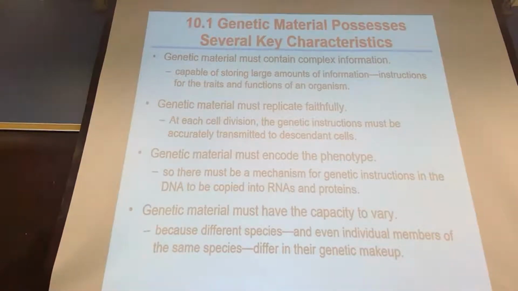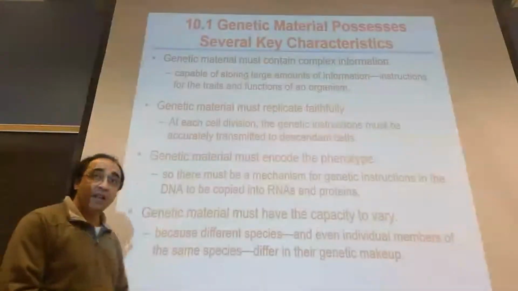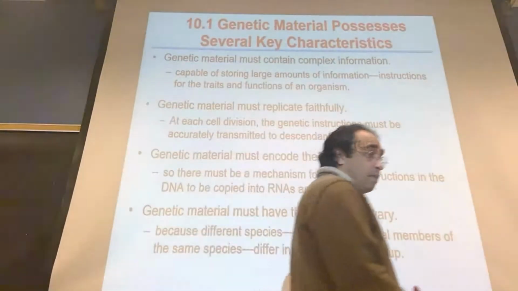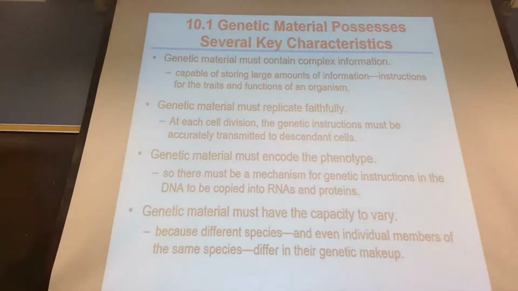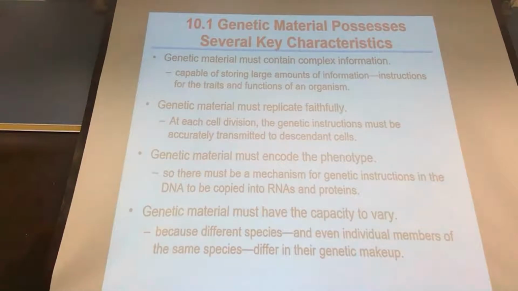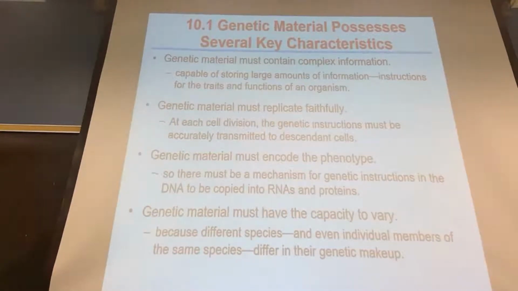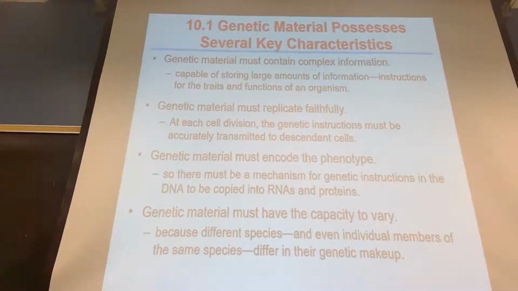And genetic material must have the capacity to vary. Capacity to vary means we are from our parents, our father and mother. So we must have a combination of those two characters, right? But we are not. We have some kind of similarity with our dads, with our moms, but we are not identical to them or in the middle of them. We have certain kinds of variations.